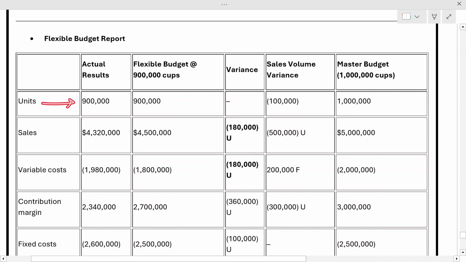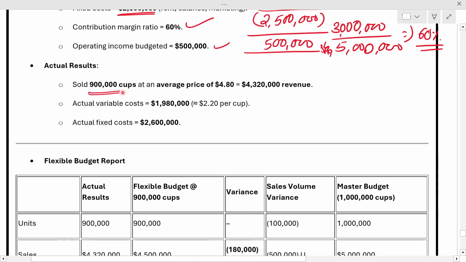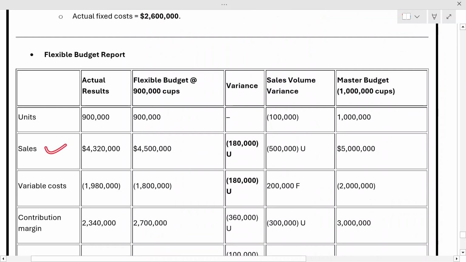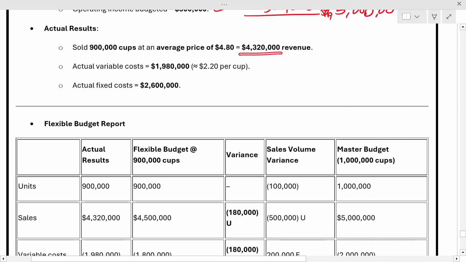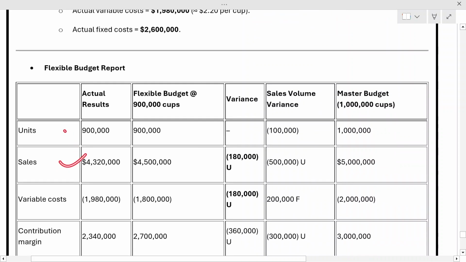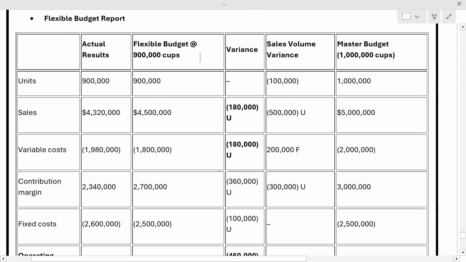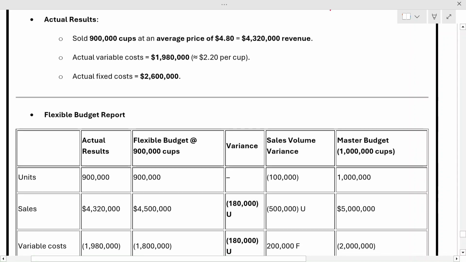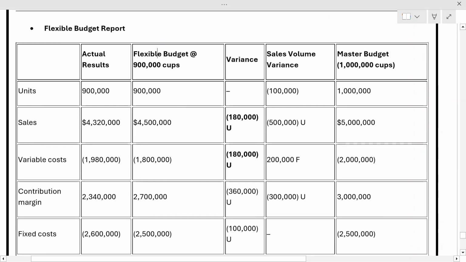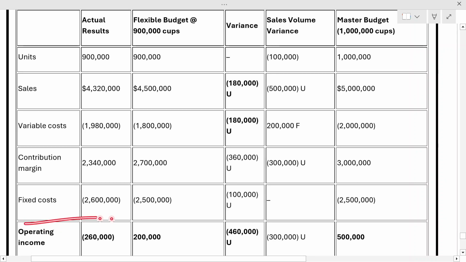We write our actual units, which is 900,000 cups, and what is the sale value from them, which is $4,320,000, and what is our variable cost, we write it as $1,980,000, and that gives us the contribution margin of sales minus variable cost, 2.34 million here, and we are having our fixed cost of 2.6 million here as well. That finally gives us the operating income of $260,000 in actual.